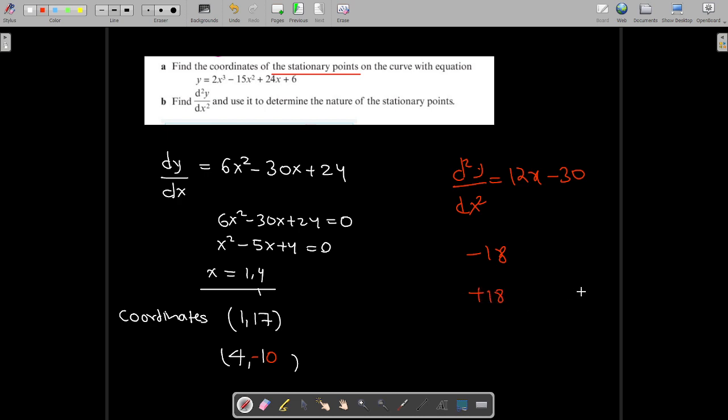Which one is maximum and which one is the minimum? 18 minima, minus 18 maxima. So out of these two, which is minimum and maximum? If you comment on these points: 4 and -10 is minima, and 1 and 17 is maxima.